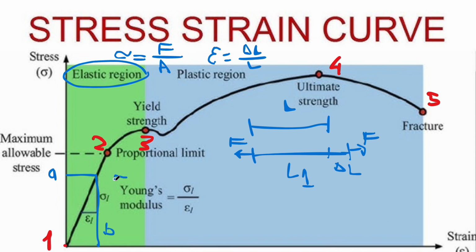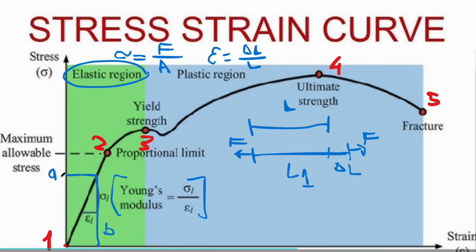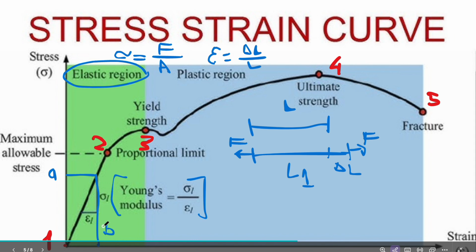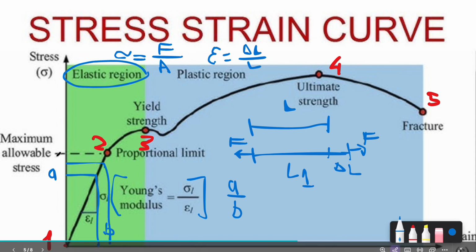We have the Young modulus fraction: A is this stress and B is this strain. A divided by B equals C divided by D.